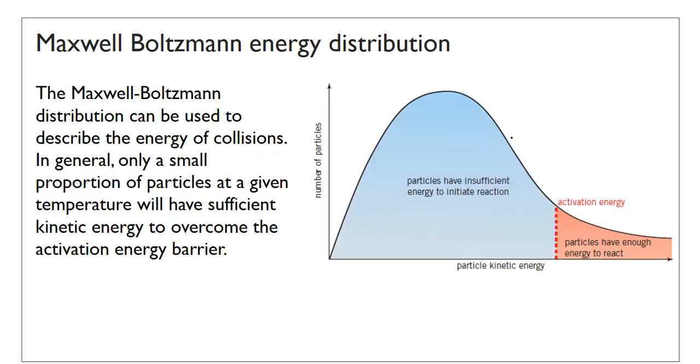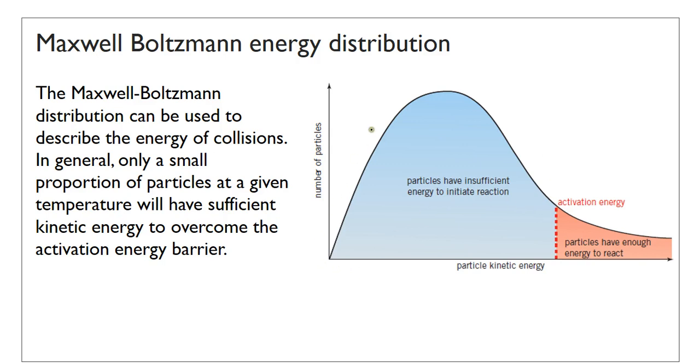So the other thing with the Maxwell-Boltzmann energy distribution is that you can actually represent the activation energy on this curve, and you can see how many particles actually have enough energy to overcome the activation energy barrier, which is not something that the energy profile diagram could do.